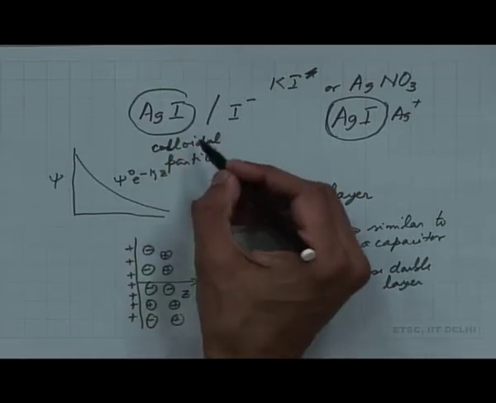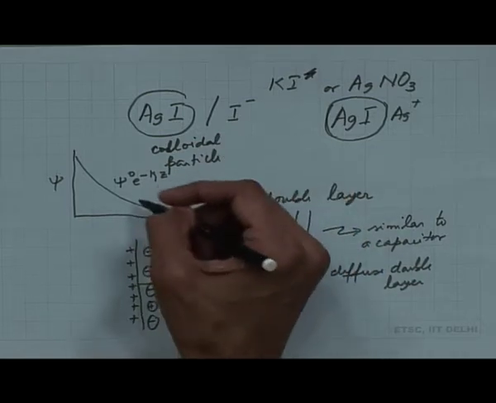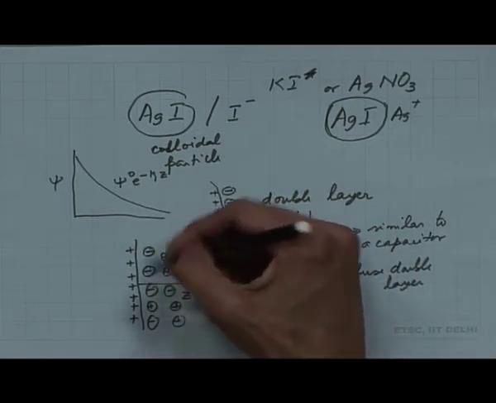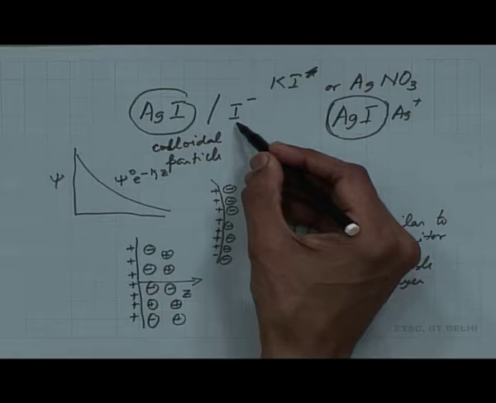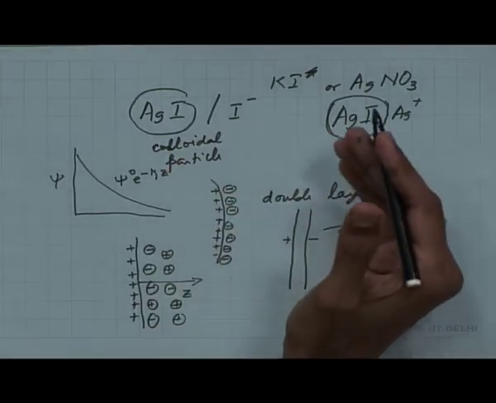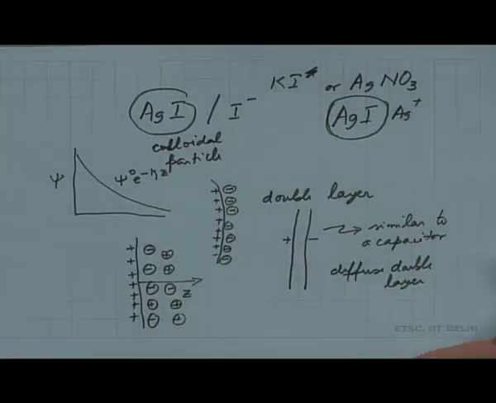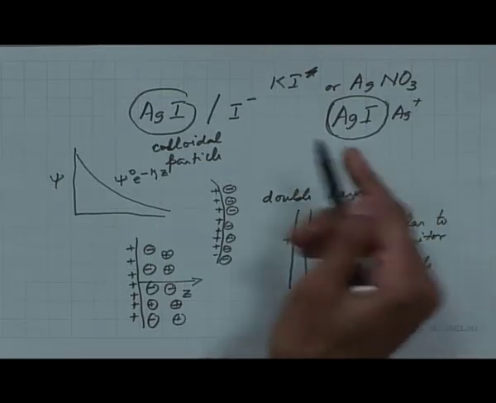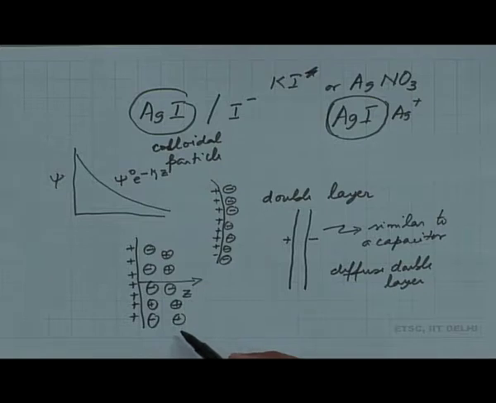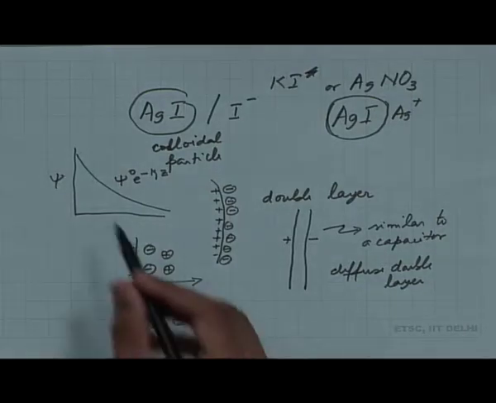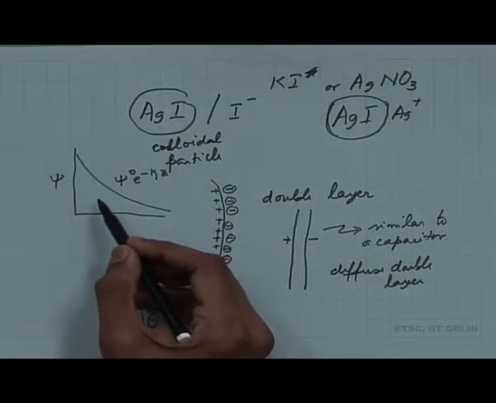So, in all colloidal particles, you are going to have, because of this charge either being formed like this, or if you have charged species like in the case of proteins etc., where there is ionization, either case you are going to have charged particles. And if you have charged particles, naturally you have a potential.